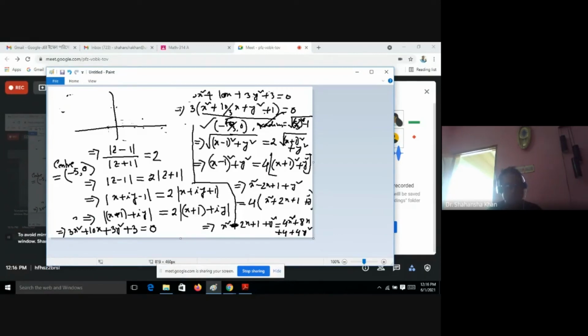And the radius: root over 25 by 9 minus 1, that means 25 minus 9 by 9, that is 16 by 9, that is 4 by 3. So 4 by 3, that means about 1, so maybe these types of circle.